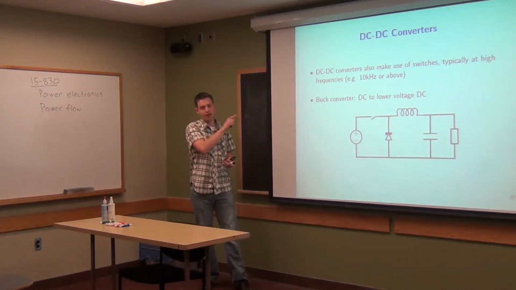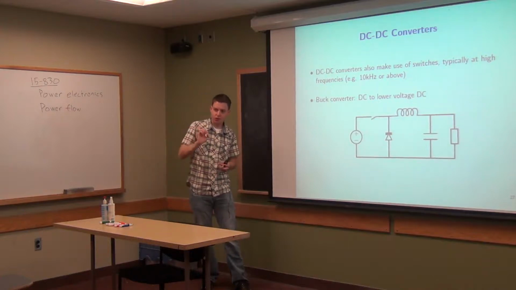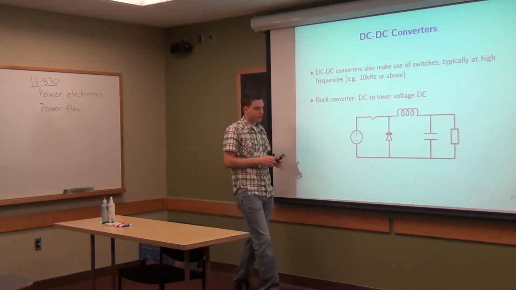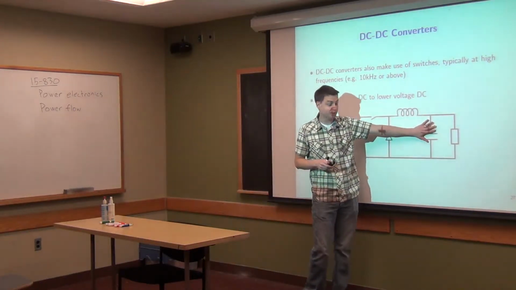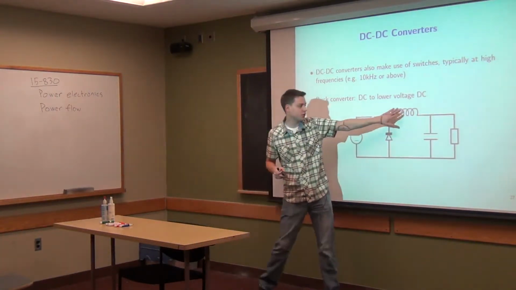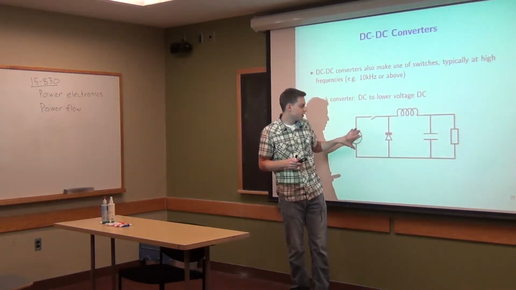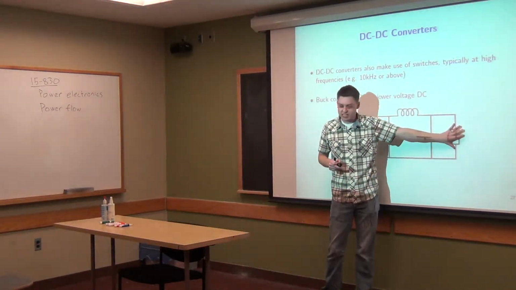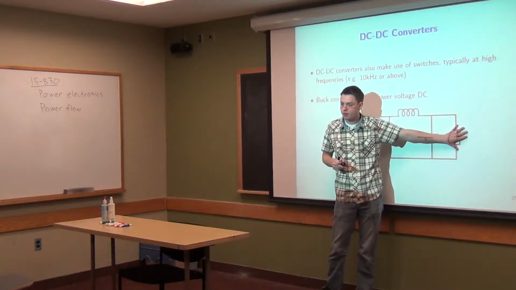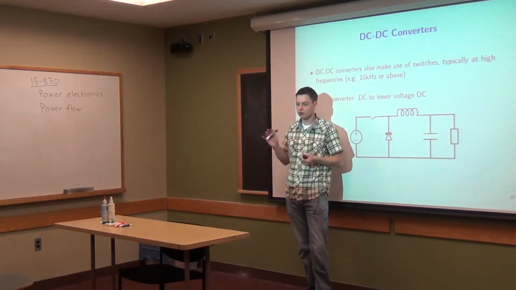Now, just like with the transformers, there's nothing here in the ideal case that's actually dissipating any power. In practice, there will be some resistance in both these things, to the inductor certainly, and to the diode probably. But there's nothing here that actually dissipates power. And we're talking DC, so we're not talking about real or reactive power here.